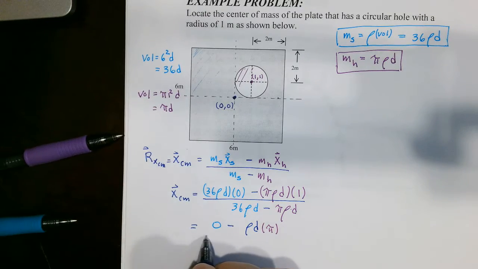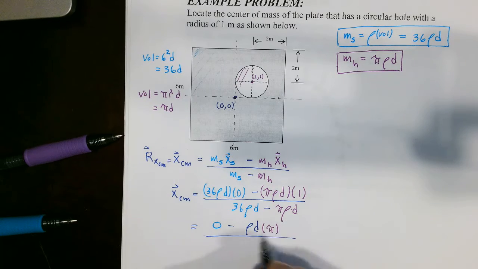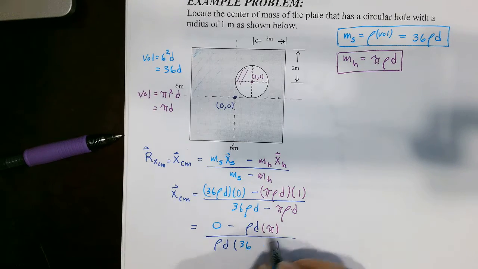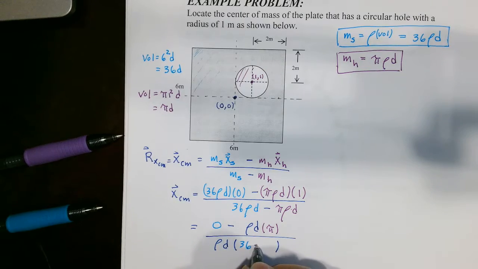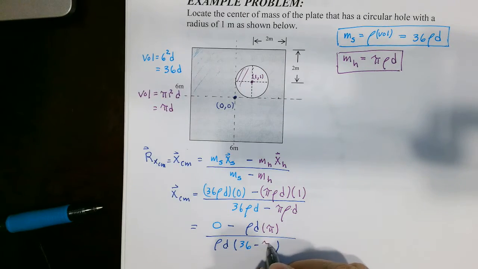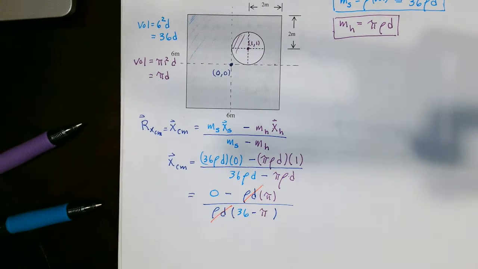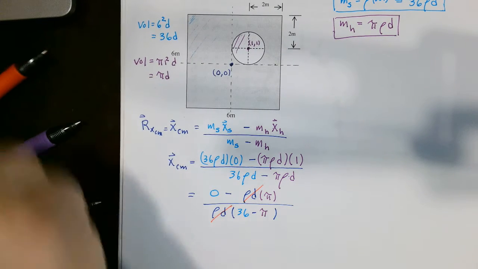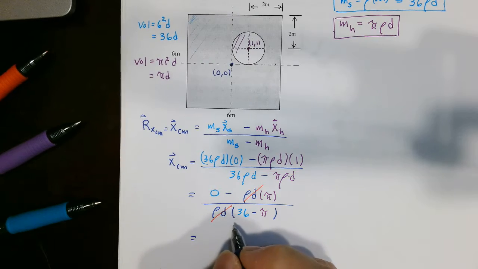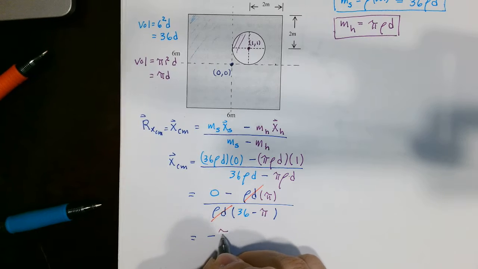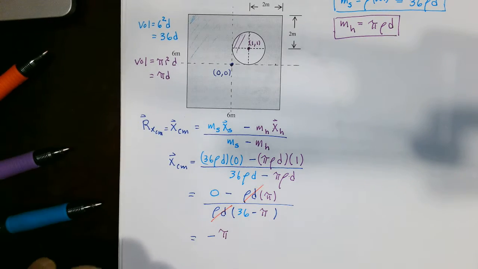Whole thing over, if I factor out the rho d at the bottom, I get 36 minus pi. Okay? So rho d can cancel out nicely to 1. So what do I get? I get negative pi over 36 minus pi.